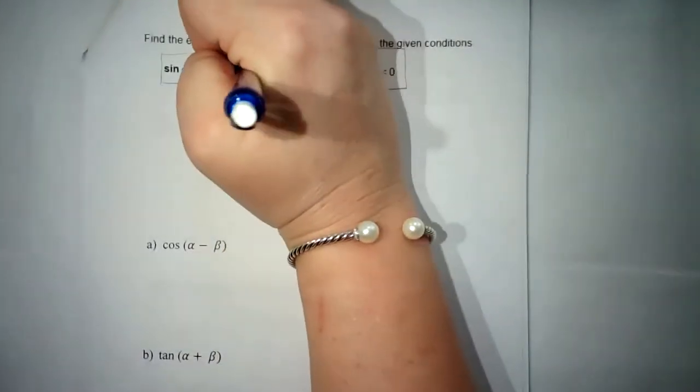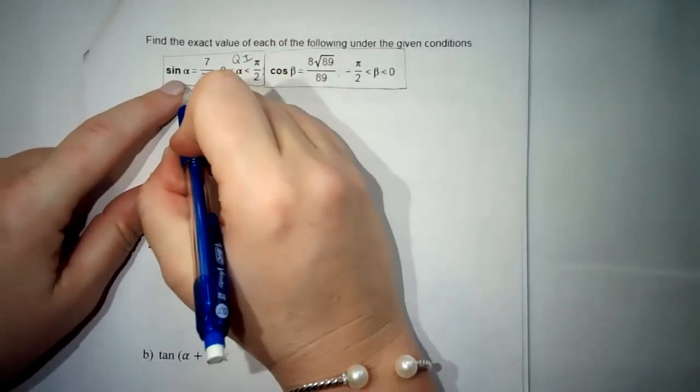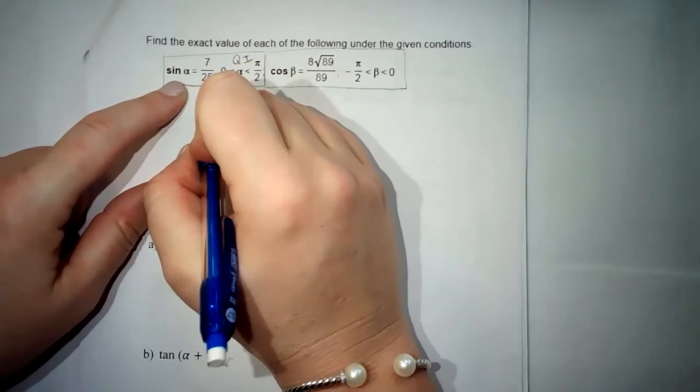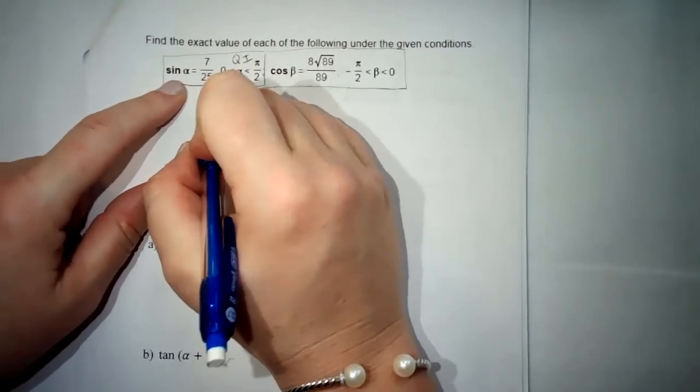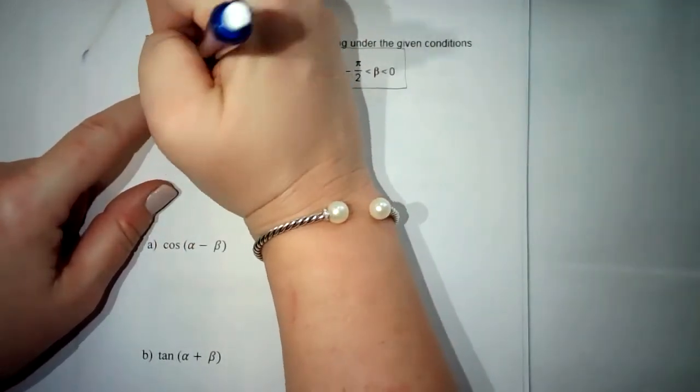Okay. Then we're told, all right, everything's in quadrant 1 for alpha, that sine of alpha is 7 over 25. Okay. Sine is y over r. So we are going to figure out everything we need to know about alpha without ever knowing alpha.